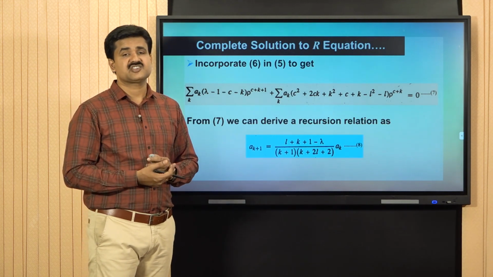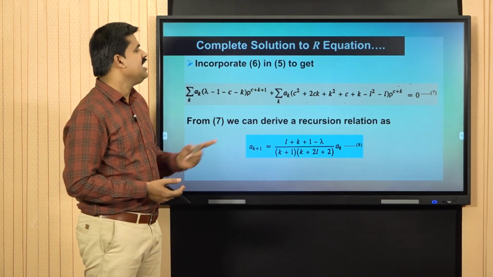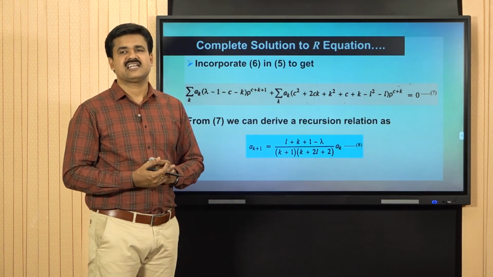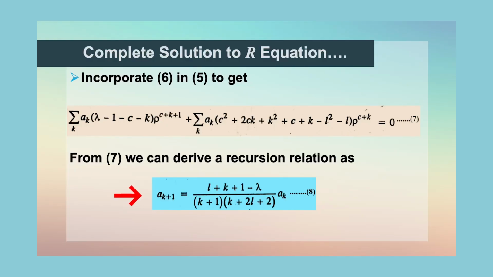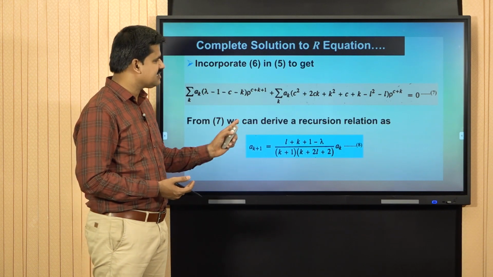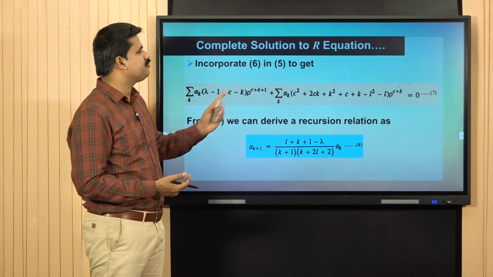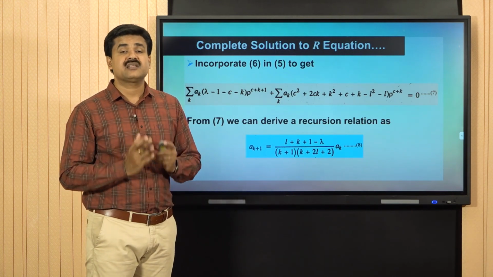Such a kind of recursion relation we previously learned in the case of the simple harmonic oscillator, and here also such a recursion relation appears. a_(k+1) is equal to (l plus k plus 1 minus lambda) divided by (k plus 1) into (k plus 2l plus 2) into a_k. This is represented as equation number 8. This relation that we obtained from the previous equation, equation 7, is known as the recursion relation.